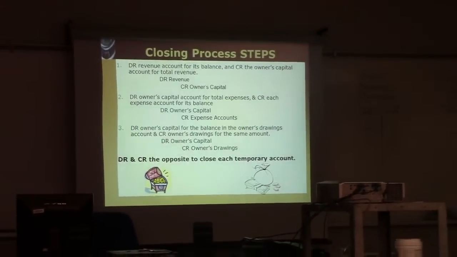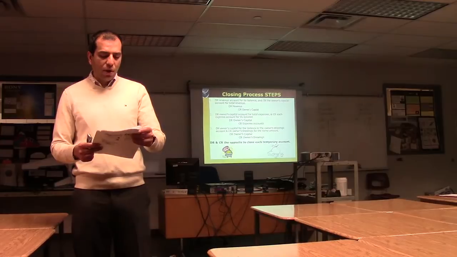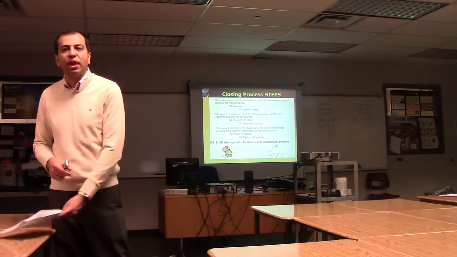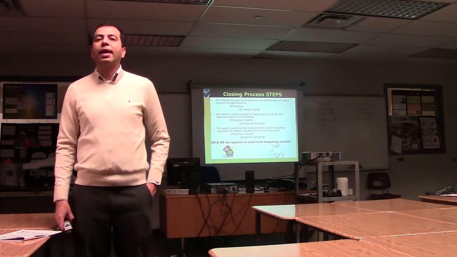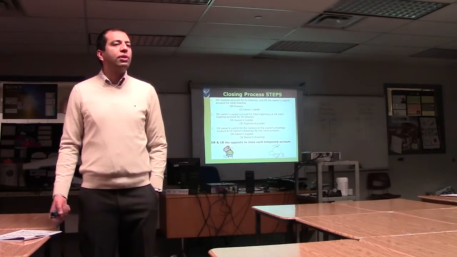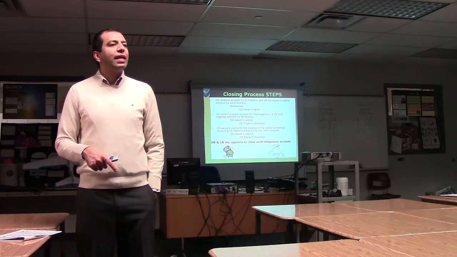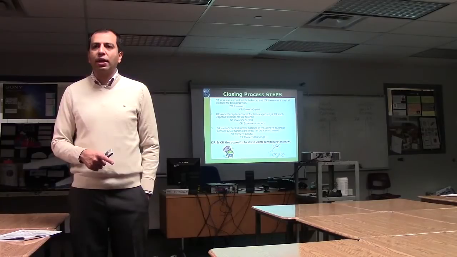How do we do this? Well, there are a few steps. First of all, you're trying to close the revenue account. The normal balance of a revenue account is a credit balance. So how would you close it? You would debit that account. In order for you to make it zero, you would do the opposite of that normal account balance.